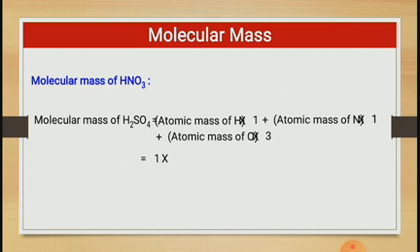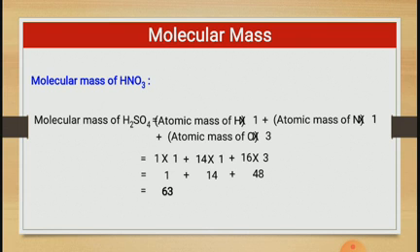So atomic mass of hydrogen is 1 into 1, atomic mass of nitrogen is 14 into 1, plus atomic mass of oxygen 16 into 3, and the total answer is 63. So this is the molecular mass of HNO3. It is very simple, students. Are you getting it, students?